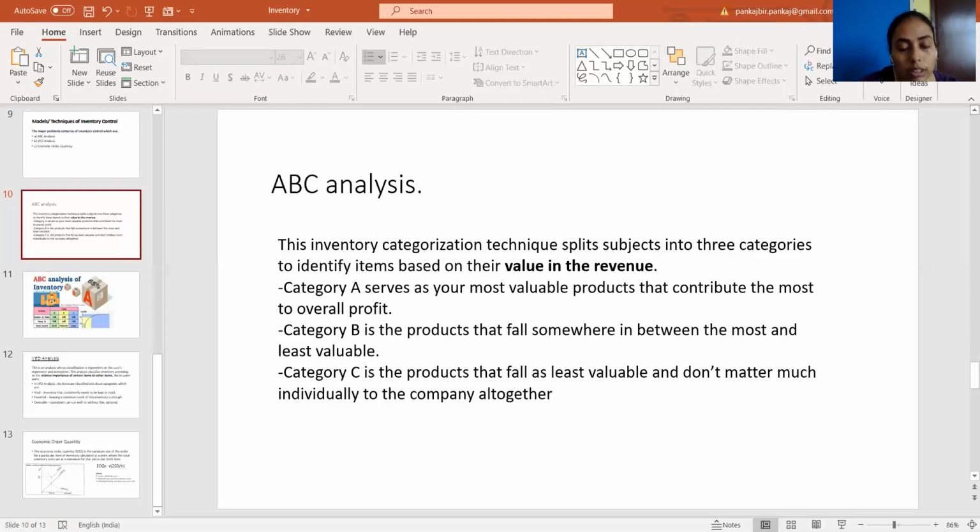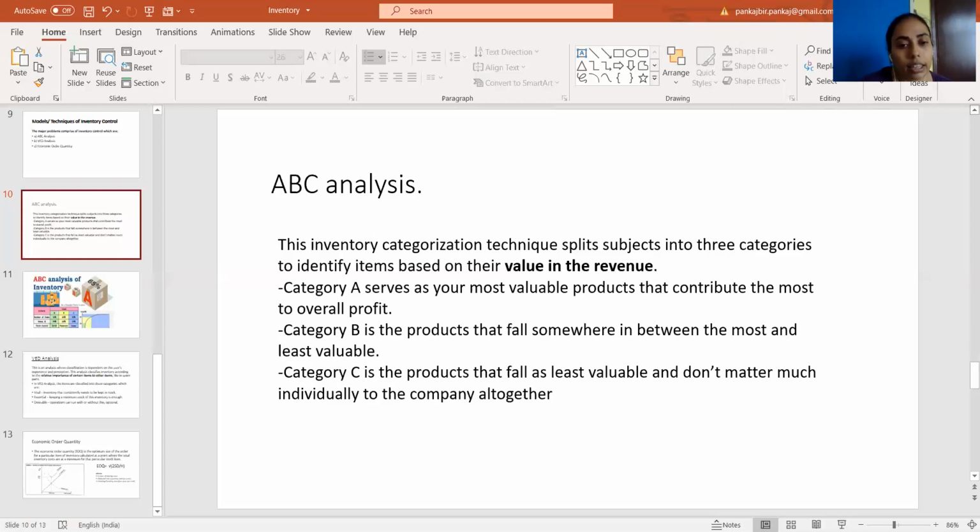All the items in inventory need to be categorized in category A, category B, and category C. Category A represents the most valuable items in your inventory, the inventory contributing most to the overall profit or revenue generation in your organization.